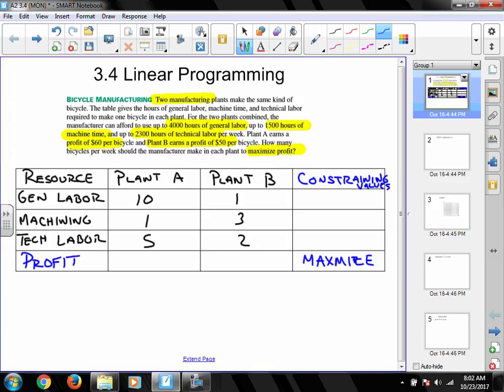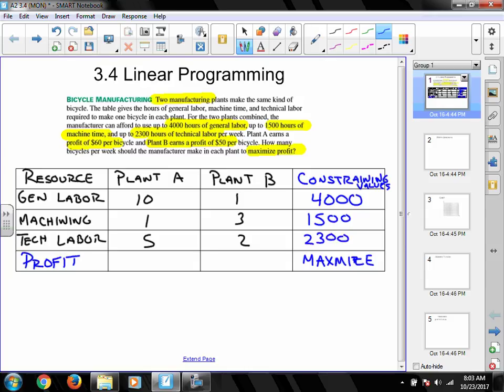What these happen to be, the 4,000, the 1,500, and the 2,300 hours, those are going to be our constraining values. Those are the maximum hours that we can use for each of our different types of resources that we have. So our general labor, they tell us that it's 4,000 hours. We can use 1,500 hours of machining time and 2,300 hours of technical labor.